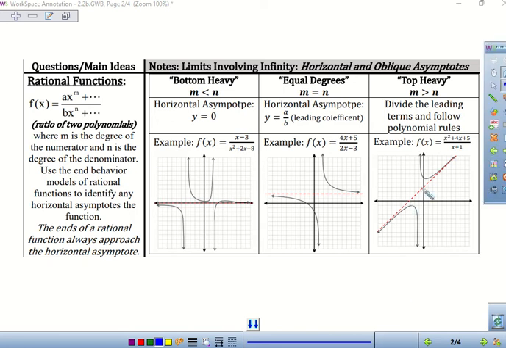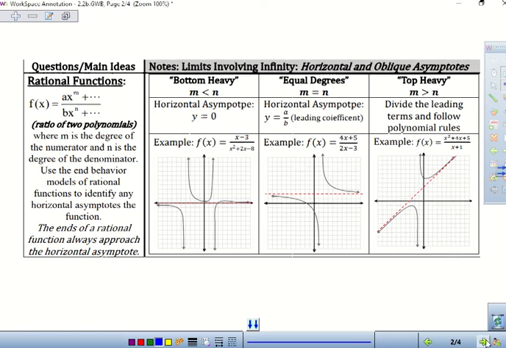So in this case, what kind of oblique asymptote do we have here? Is it quadratic? Linear. A linear function. As we go in the negative infinity direction, our function goes to negative infinity. As we go in the positive infinity direction, our function goes to positive infinity. The end behavior of the oblique asymptote determines the limit of the original function.